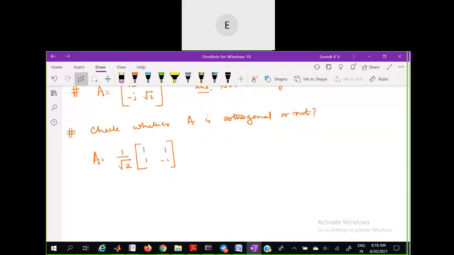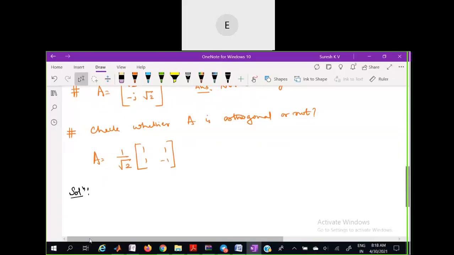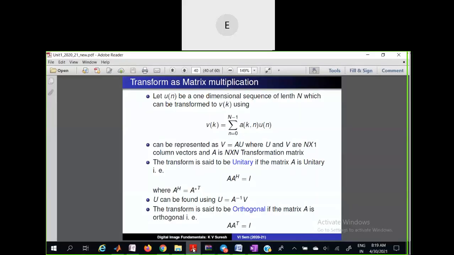So can somebody tell me what is the condition for a matrix to be orthogonal? What is the condition for a matrix to be orthogonal? A matrix A is said to be orthogonal if A into A transpose is identity.